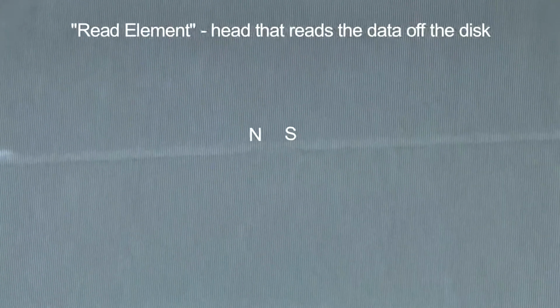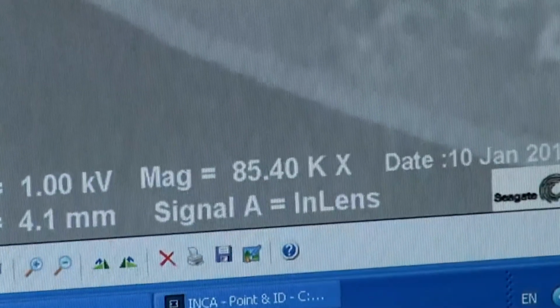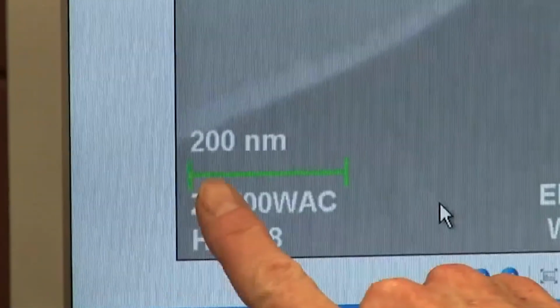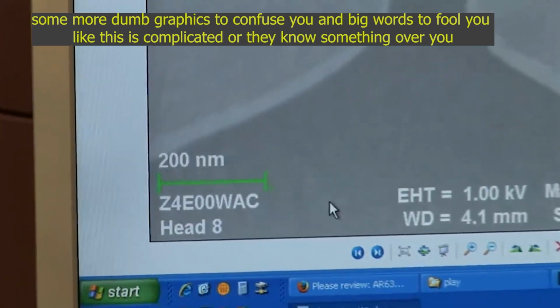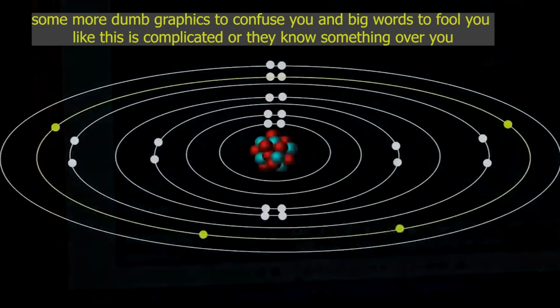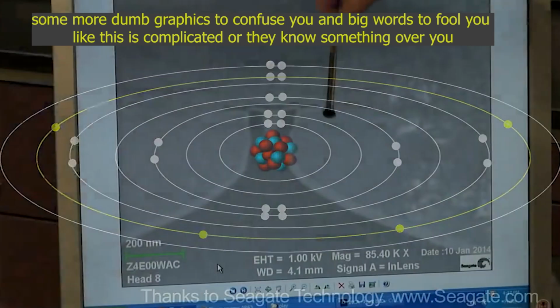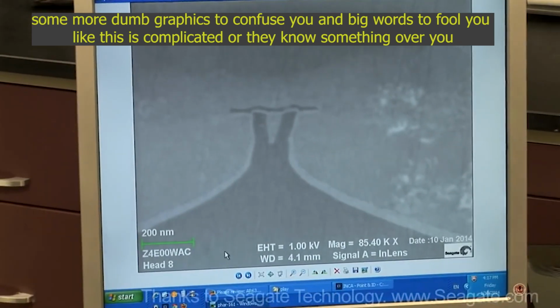So our magnification right now is 85,000, and our micron bar is 200 nanometers. When you think about it, and you think about the size of molecules, we realize that some of these layers that we're looking at are roughly a few atoms or a few molecules thick.